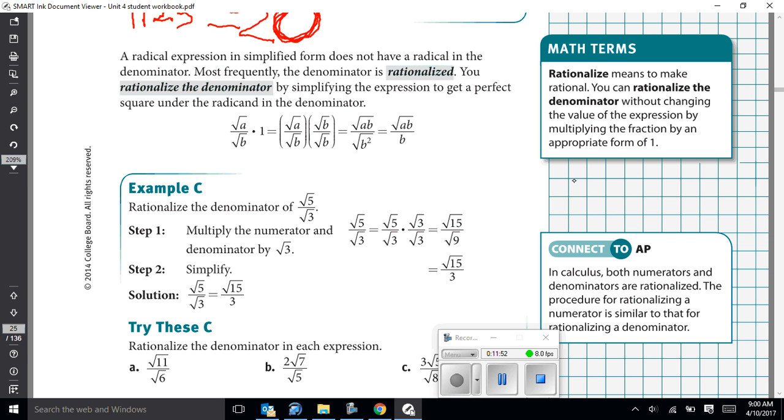But if you're dividing by the square root of 5, that's a little harder to estimate in our head, right? So mathematicians came up with the rule of rationalizing the denominator, and it's a way of making the denominator a non-radical number, so it makes the mental math of division easier.